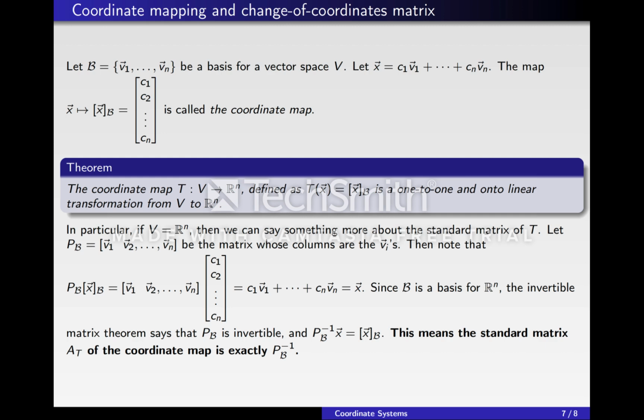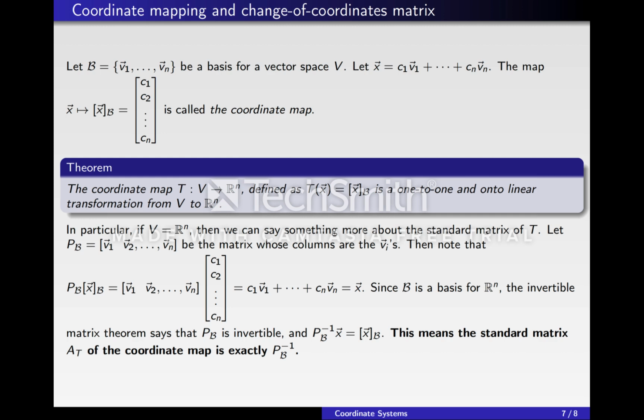The map that takes x to its B coordinates is called the coordinate map, and the theorem is that this map, call it T, where T of x is x sub B as above, is a one-to-one, onto, linear transformation from V to Rn. I'm not going to give a proof of this theorem. It's not hard, but let me explain why this theorem is significant.